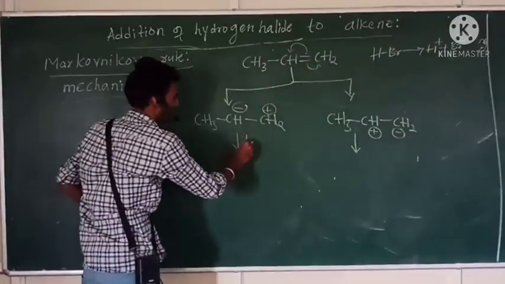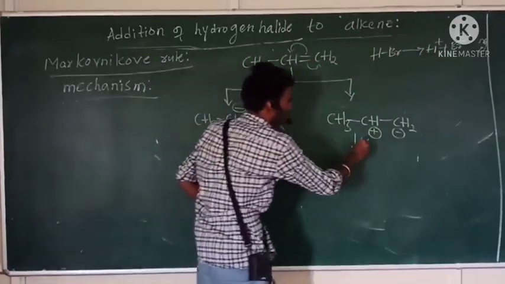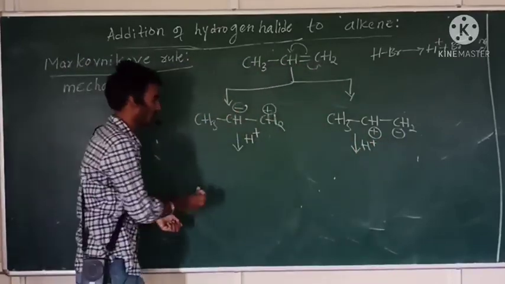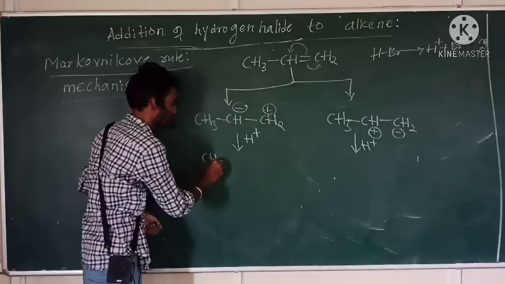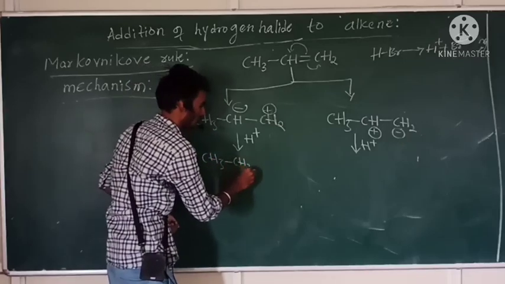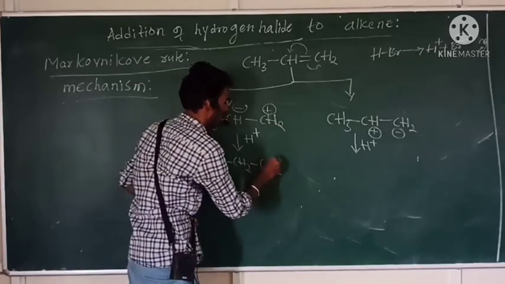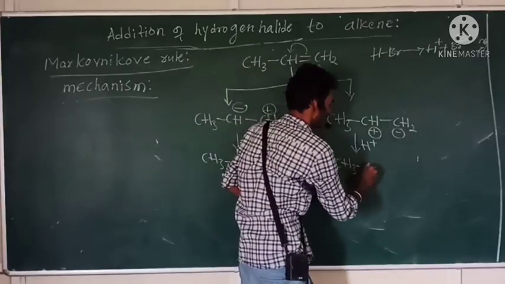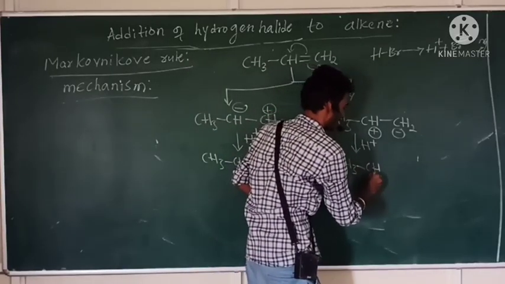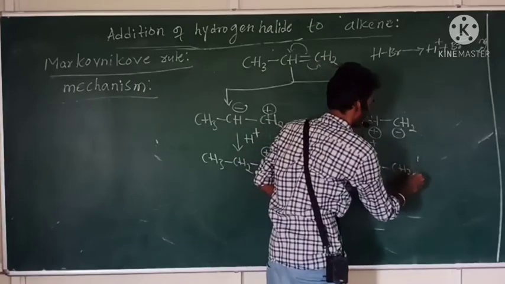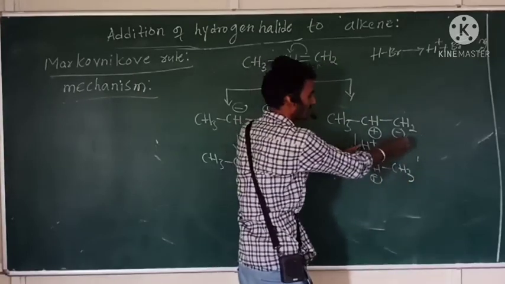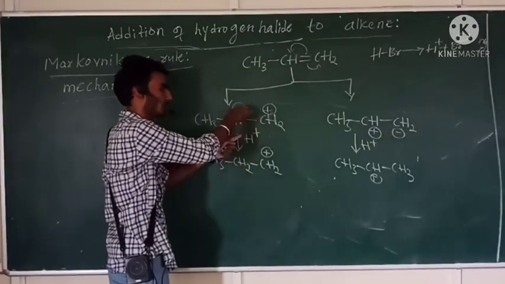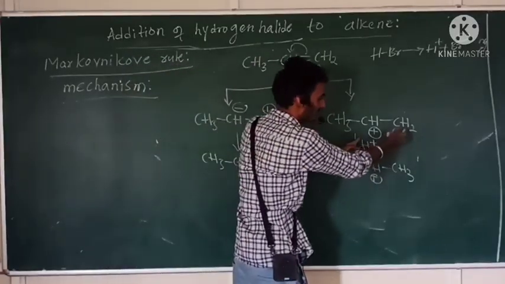H plus is attracted towards the negative charge. So it forms CH3 CH CH2 plus. Next, CH3 CH plus and CH2 CH3. This hydrogen is added to this side because plus is added to the minus.